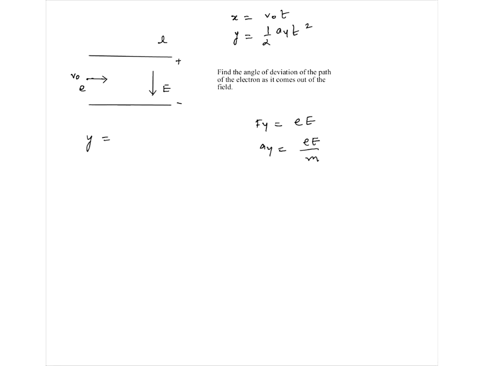That means y is half QE by m t square. Now time is the same for the x direction motion and for the y direction motion. So I'm going to put x by v naught in place of t.